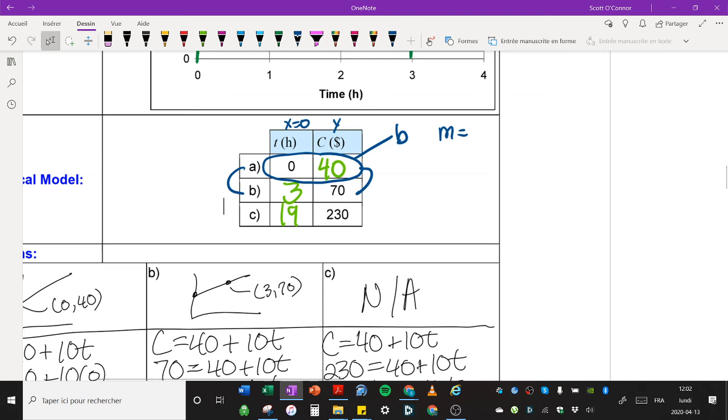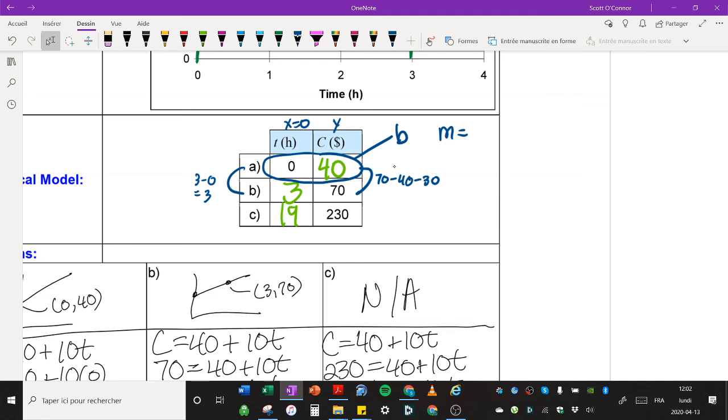What's the difference between 0 and 3? So let's start here first. Difference between 40 and 70. When we say difference, we mean subtraction. So 70 subtract 40, and we get 30. And here the difference, 3 subtract 0, gives us 3. Now, that means when the time changed by 3 hours, the cost changed by $30.